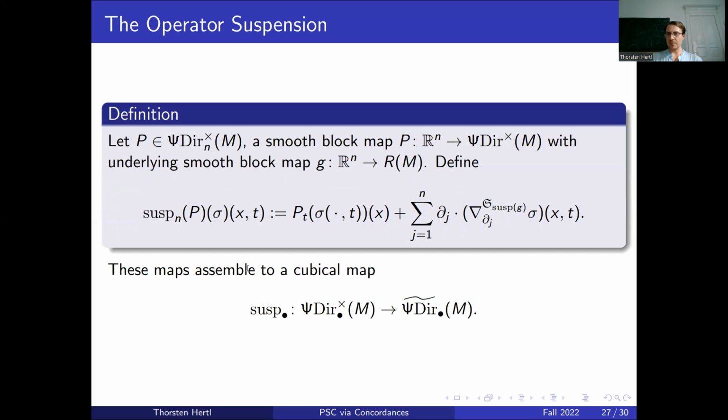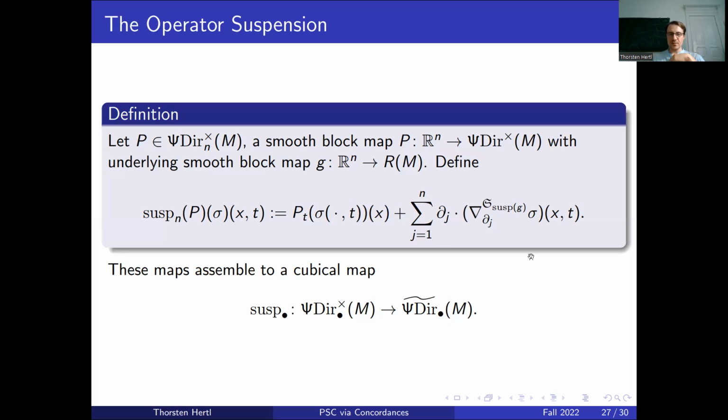This is done by the operator-theoretic analog of the suspension map from the previous video, the so-called operator suspension map. What this map does is it takes a smooth block map of invertible pseudo-Dirac operators and assigns it, so to say, its adjoint operator on the spinor bundle of its adjoint metric.